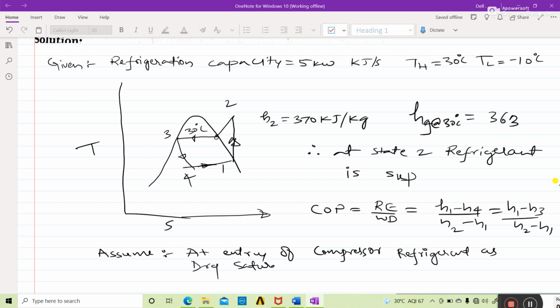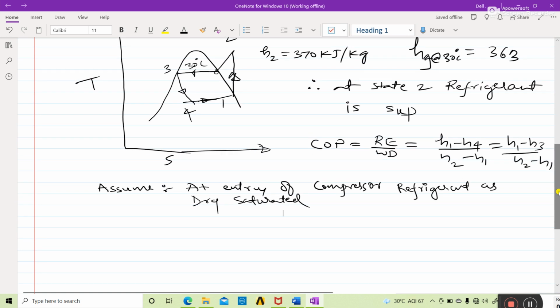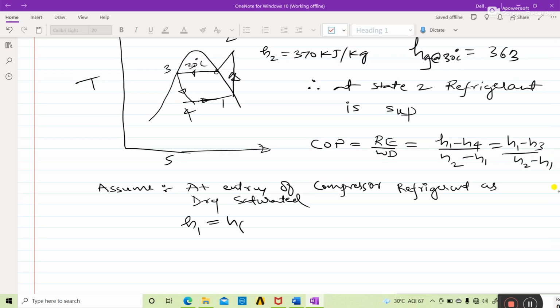This is one of the important assumptions that has been made. Now, solving the problem, if it is dry saturated, then H1 will be equal to the enthalpy at minus 10 degrees Celsius.